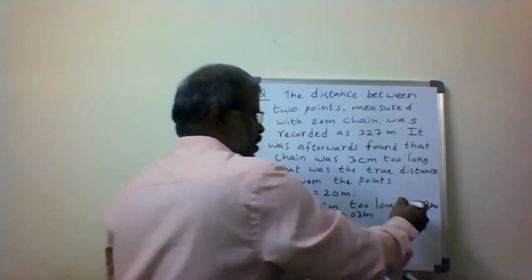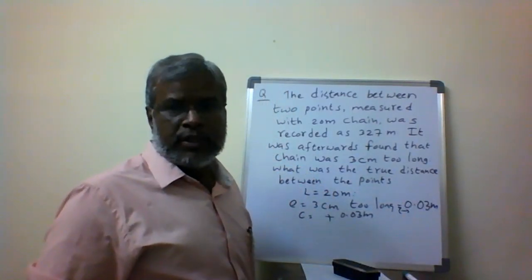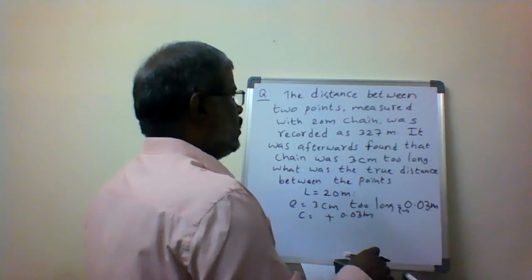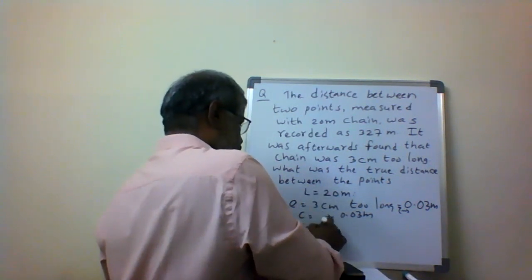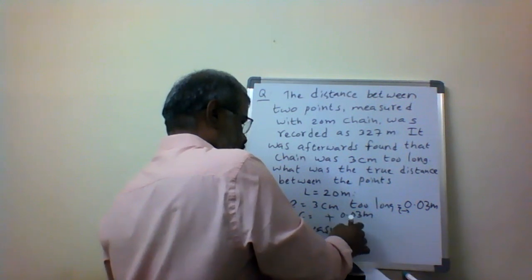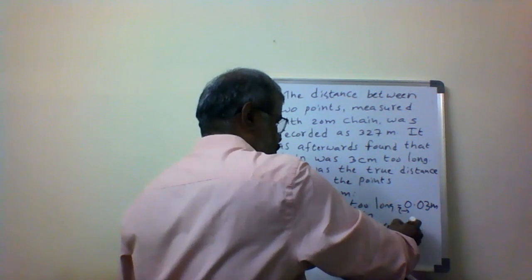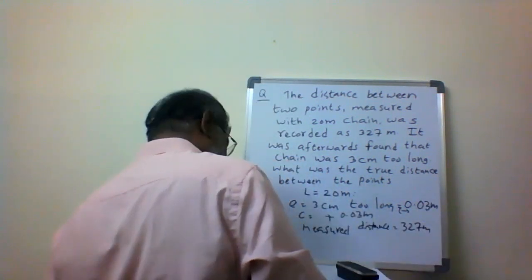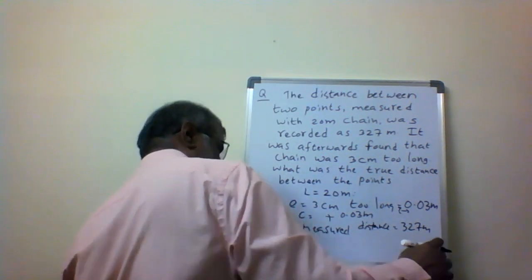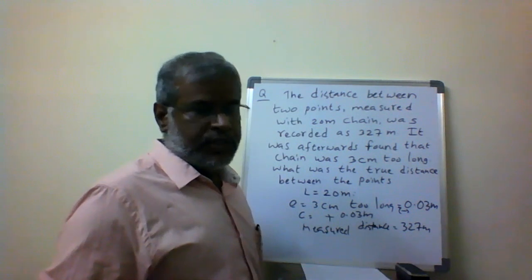Error is negative 0.03 meters, correction is positive 0.03 meters. And the total distance measured is 327 meters. So now I have to calculate the true length, or the true distance measured.